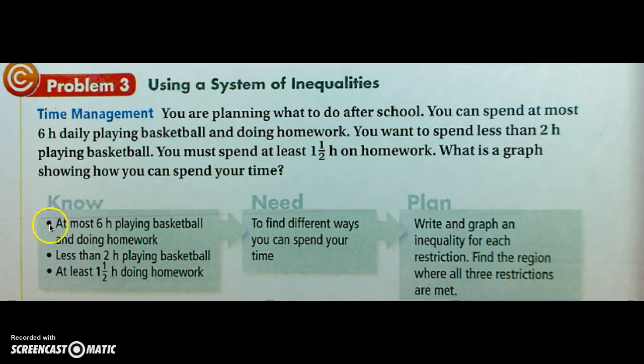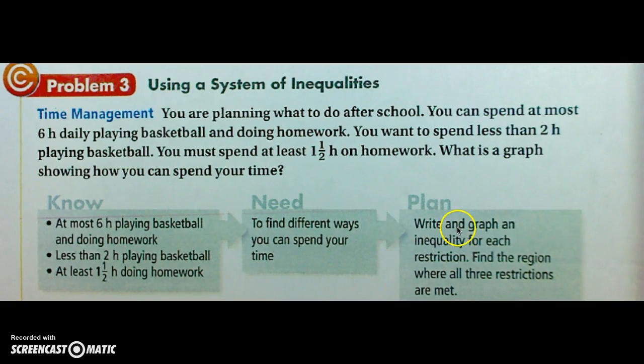Well, we know at most 6 hours playing basketball and doing homework. Less than 2 hours playing basketball and at least 1.5 hours doing homework. And you need to find different ways you can spend your time.